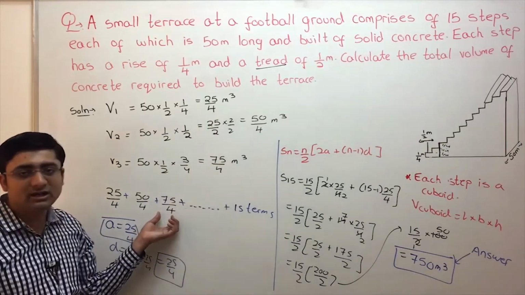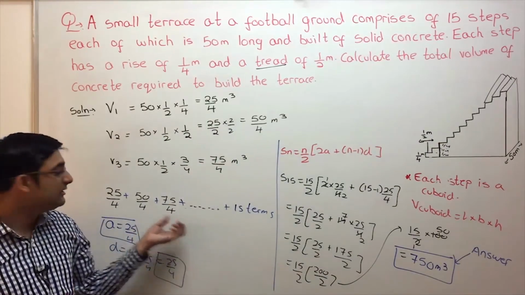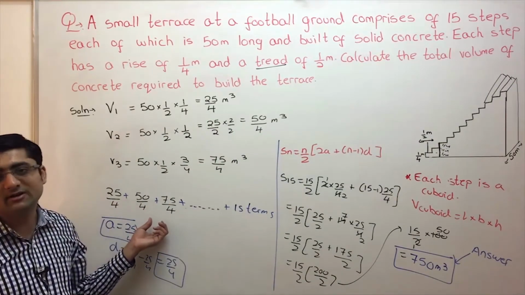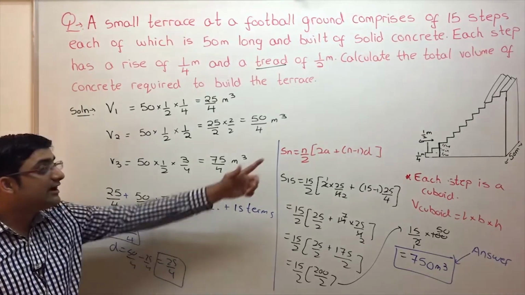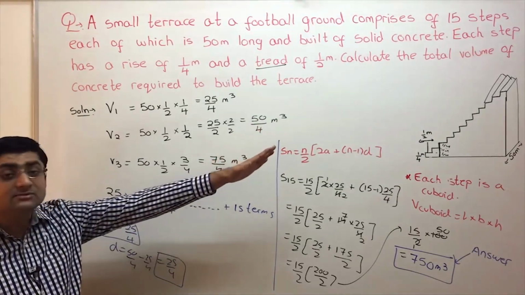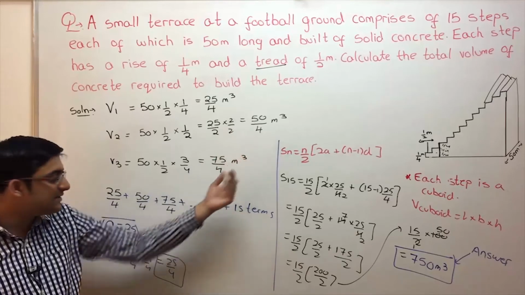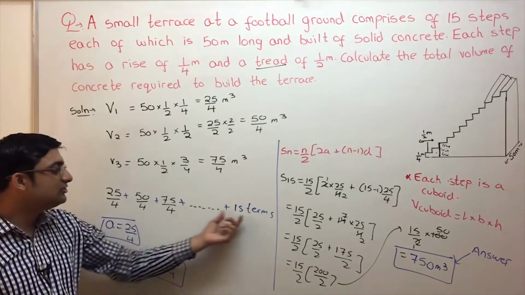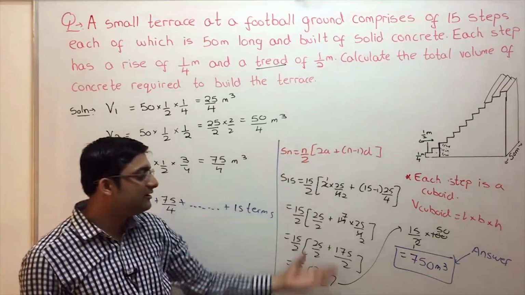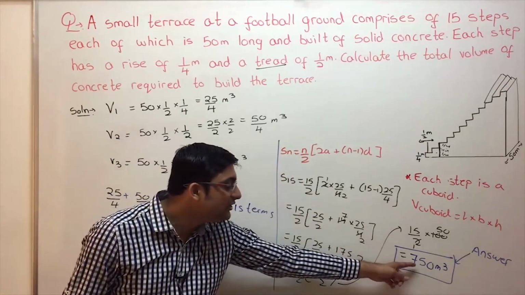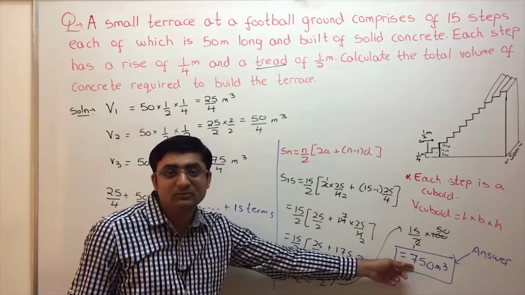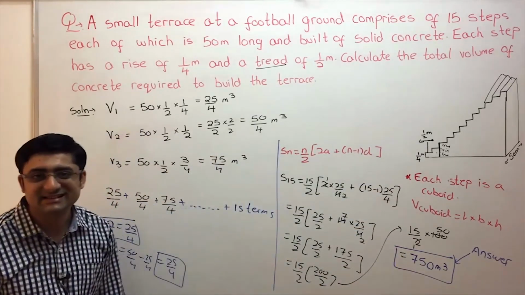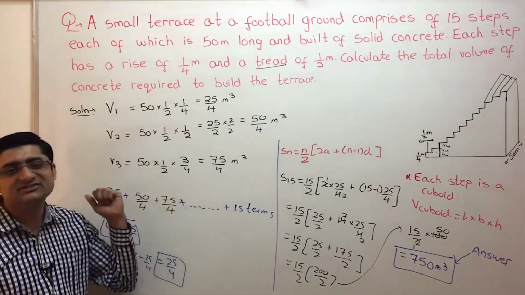The moment you write down these three terms, you'll know it's an AP with first term 25 by 4 and common difference 25 by 4. Now we want the sum of all terms for 15 steps, since each term is a step. So sum up till 15 terms. Using the formula, we get the answer: we need 750 meter cube of concrete to build this terrace. Is this clear? This is how you solve this question.